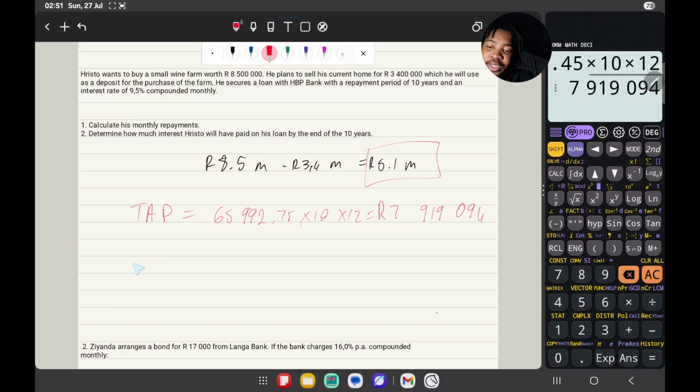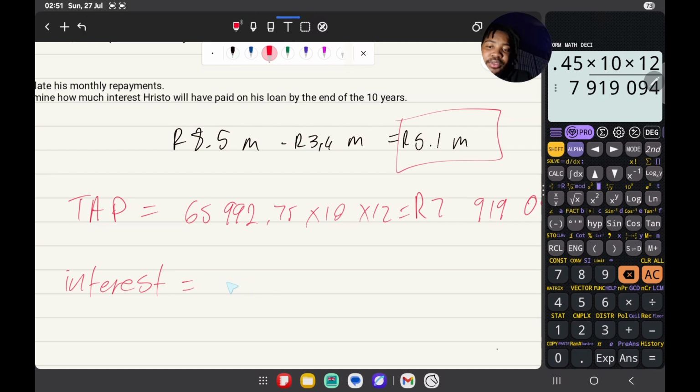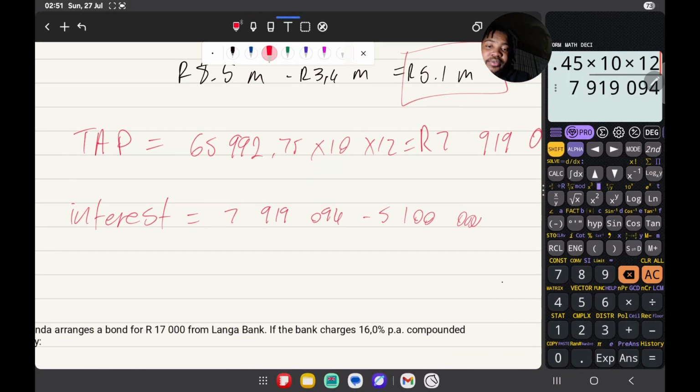So now to find the interest, you'll just say the interest is the difference between those amounts. So 7,919,094 minus 5,100,123.